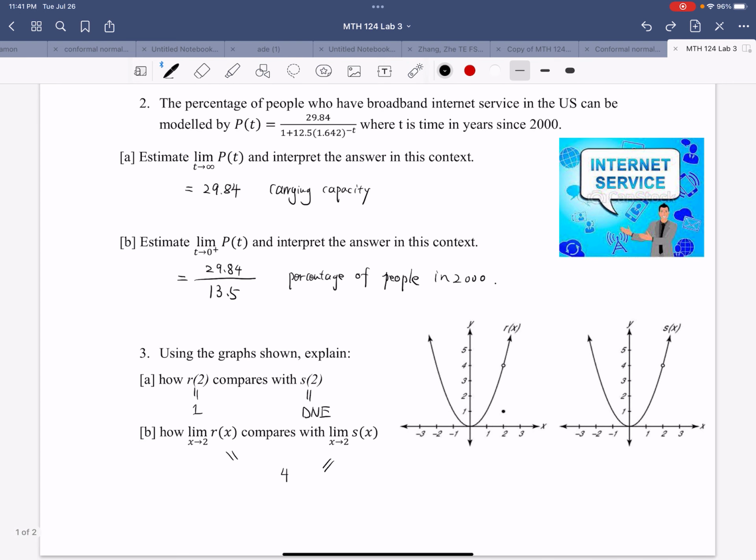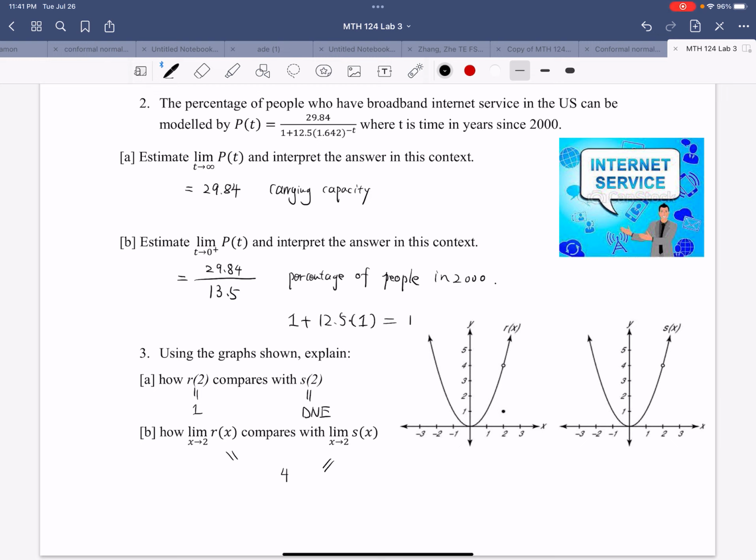And part B, estimate the limit when t goes to 0 from the right-hand side. So when t goes to 0, something to the power 0 is 1, right? So that's why for the denominator we have 1 plus 12.5 times this limit, which is 1.